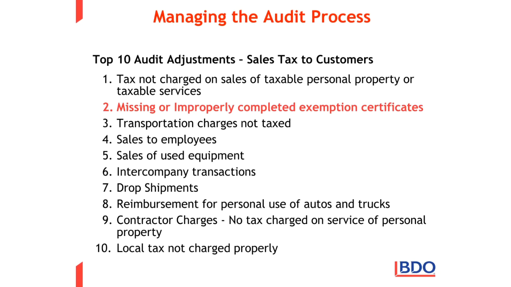So I want you to take a look at this list from the sales tax side and think about everything. And I will tell you this, number 10 on this list is always something that I see: local taxes not charged properly. Think about what it is that you're selling. Are you selling tangible personal property, or are you providing a service? And when you sold that property and shipped it, did you ship it somewhere?